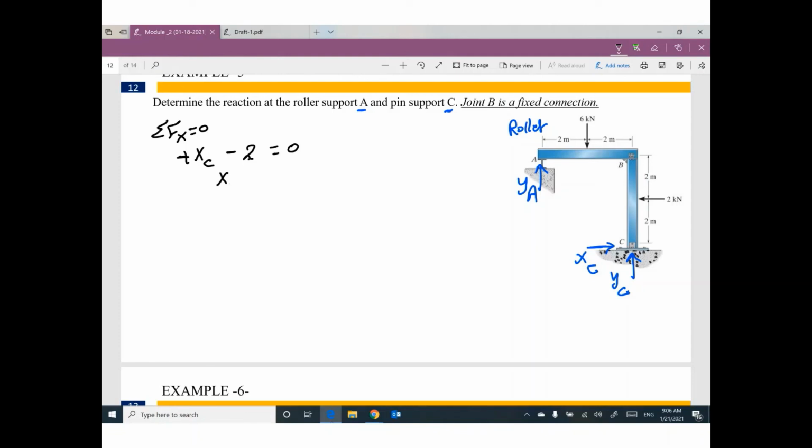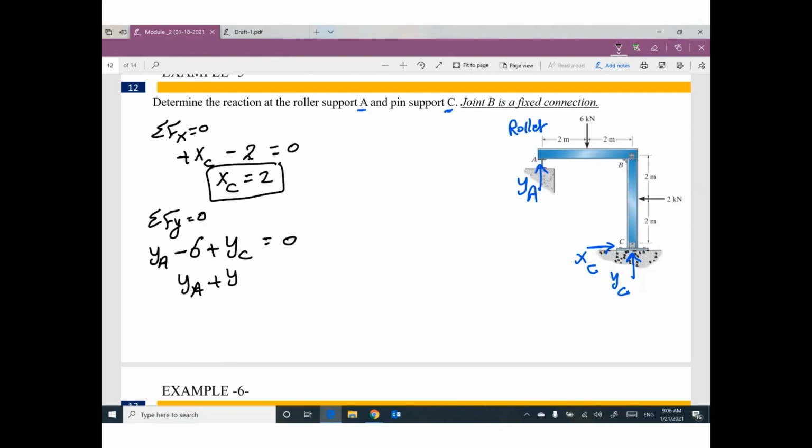So XC equals 2. Summation Fy equals 0. What do you have in the y direction? We have YA positive, negative 6, positive YC. Anything else in the y direction? No. Simplify this equation, so YA plus YC equals 6.